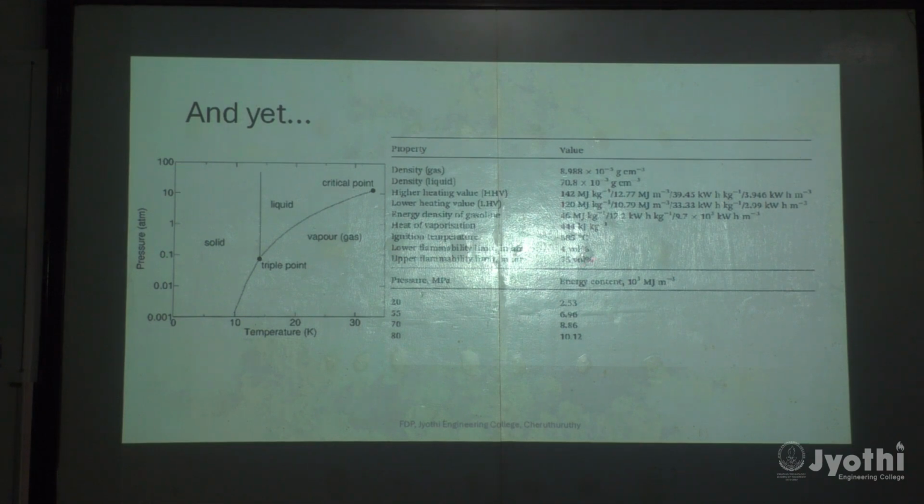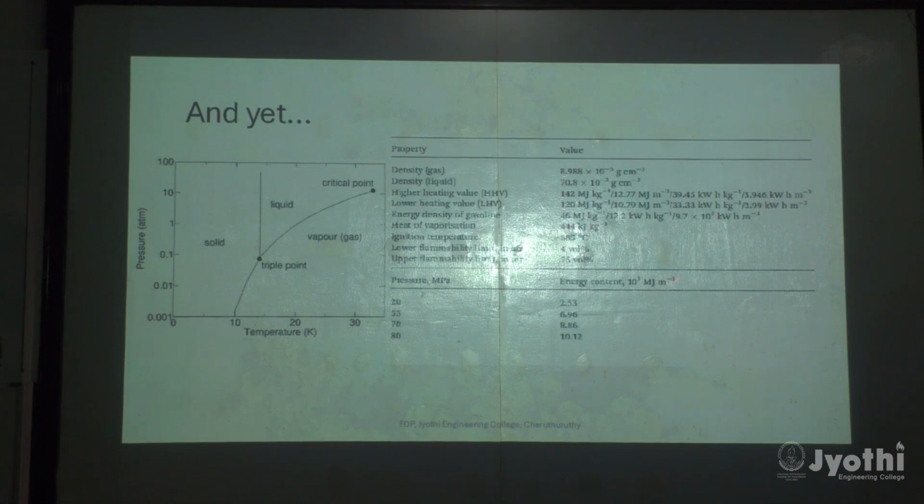So if you have 75-25 as the ratio of hydrogen to air, it can ignite, and even as low as 4% can ignite the mixture. So this creates an issue in terms of storage. And this shows the various pressures, what is the energy content per meter cube.